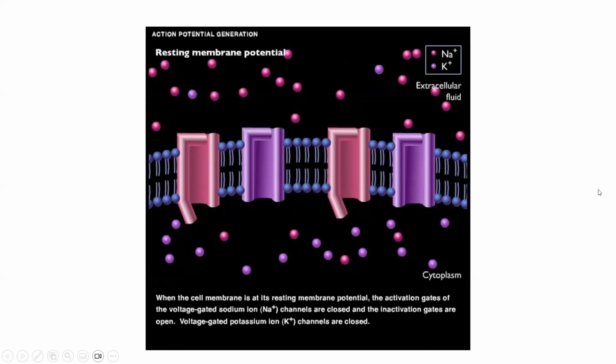As we go through this, we want to keep track of what our charge is like inside. That's what we're always referring to when we're looking at our graph. So we're about at negative 70 millivolts inside. We have a lot of potassium on the inside and a lot of sodium on the outside. Protein channels tend to be specific, so we have protein channels for sodium and protein channels for potassium.